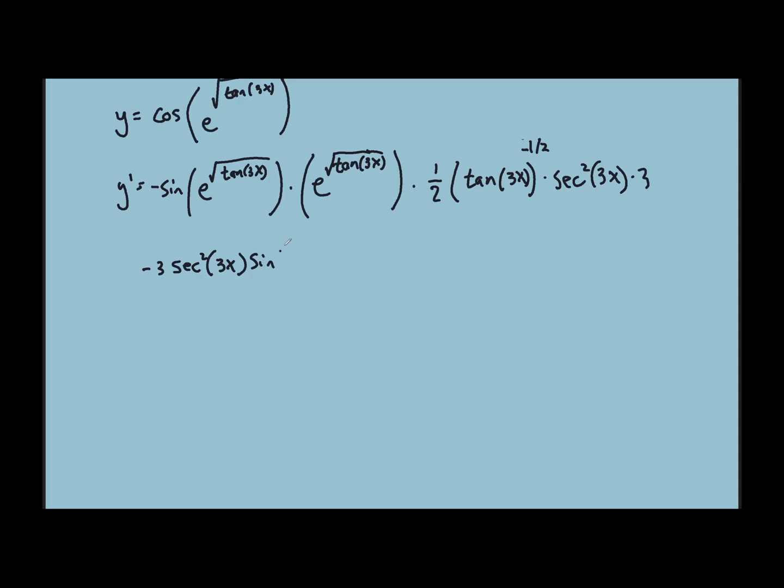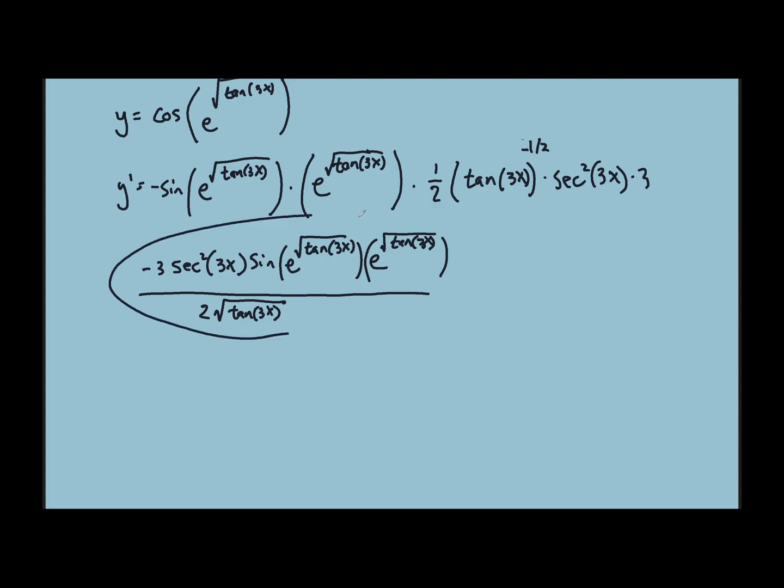Sine is on top, and e to the square root of tangent of 3x is going to be on top. And on bottom, we're just going to get the 2 root tangent of 3x, I believe.